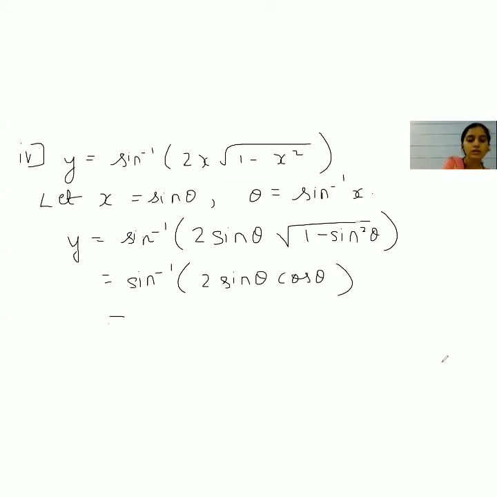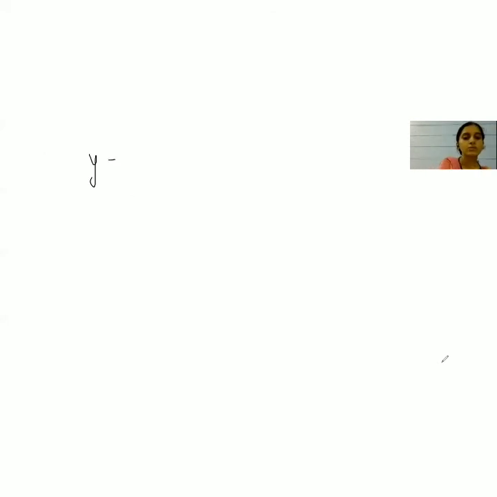What is 2 sine theta cos theta? It is sine 2 theta. So sine 2 theta. Here we've got sine inverse sine, so it cancels out and we get y equal to 2 theta. Let us substitute what theta is. It is sine inverse of x. So, y is equal to 2 sine inverse of x, right?